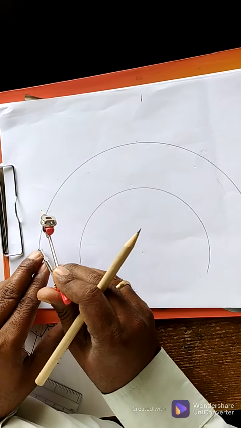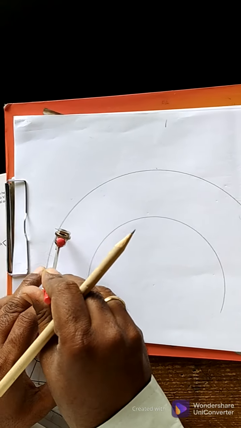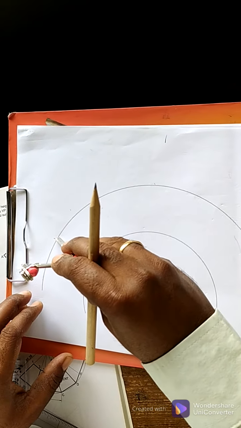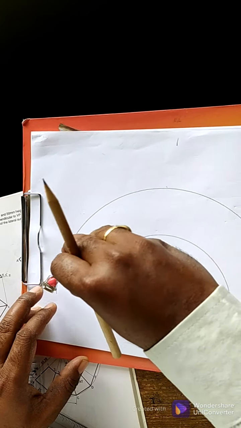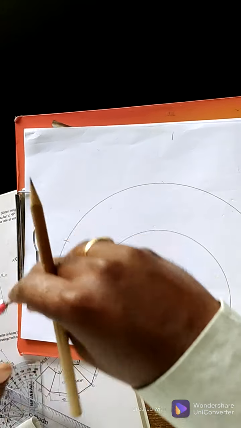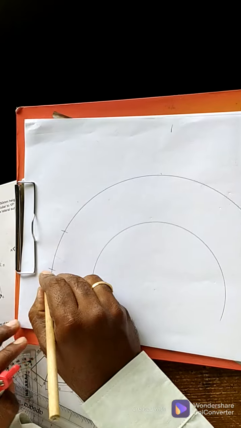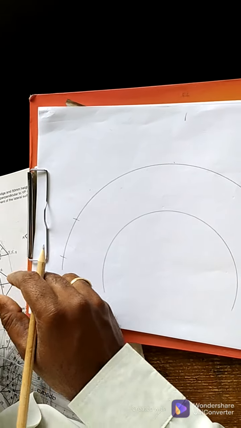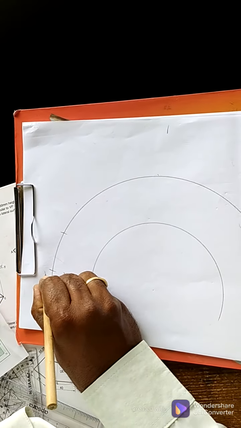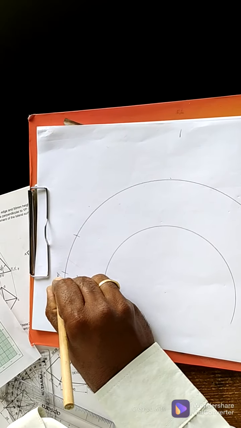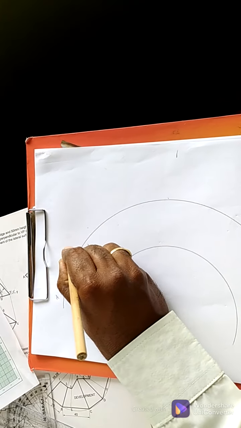I'll take the reference here. The first point is a reference, I'll call it A. Simply take it anywhere; this is a reference line. I'll open from point A. So this is my point A. A to B is 40 mm.